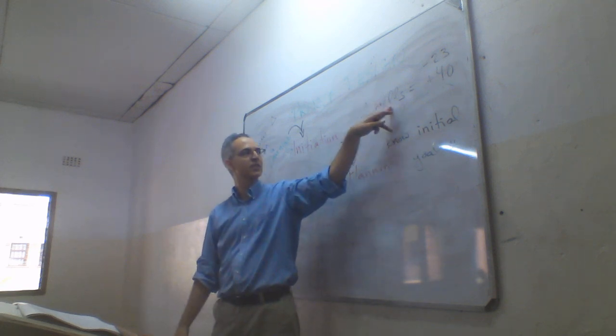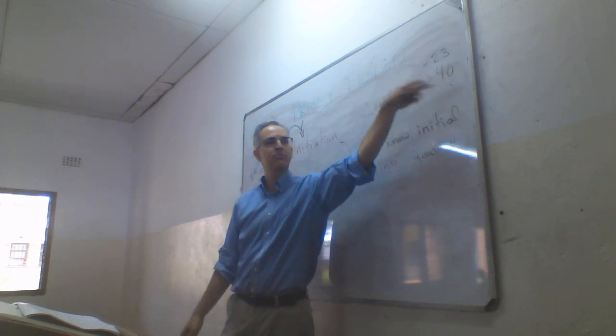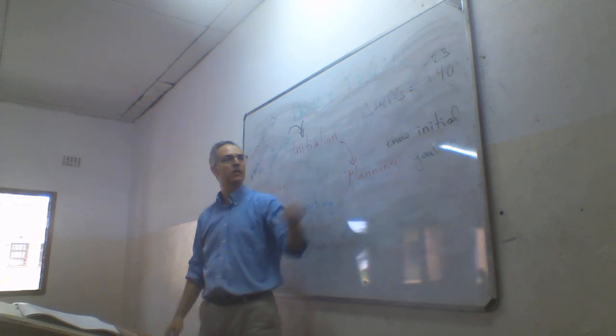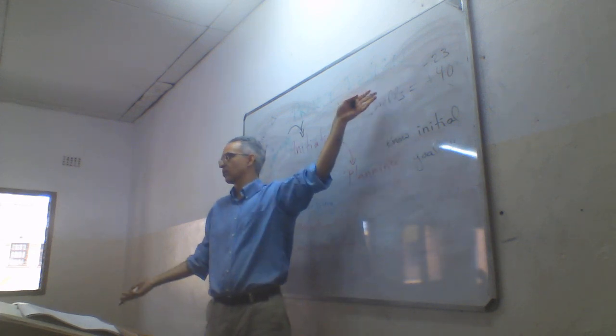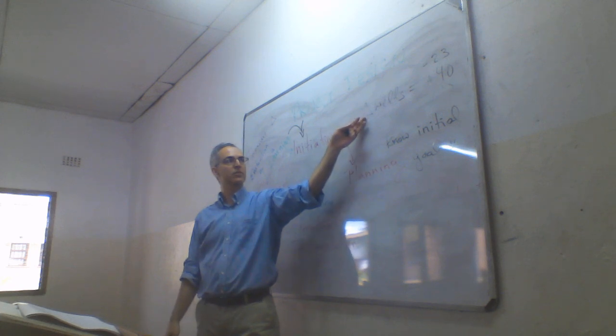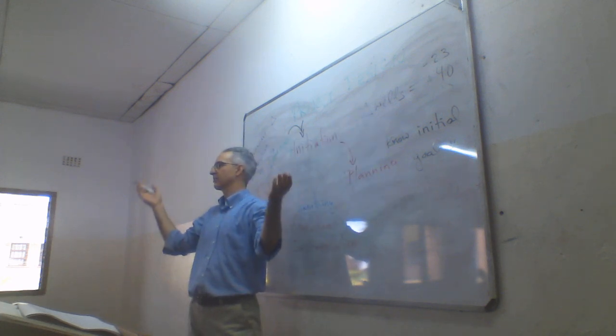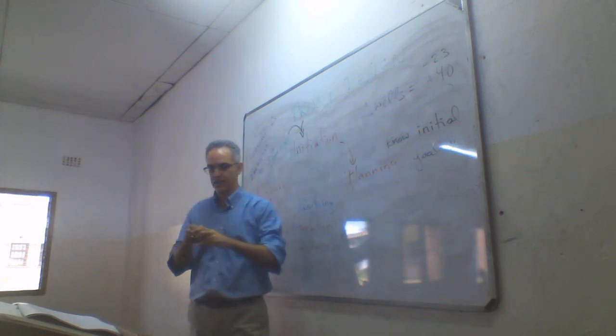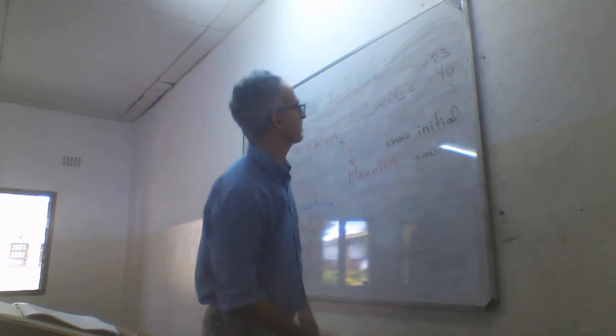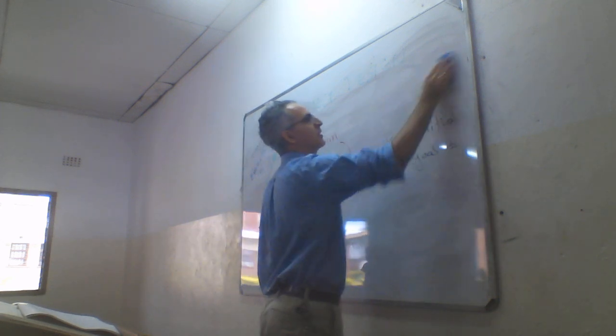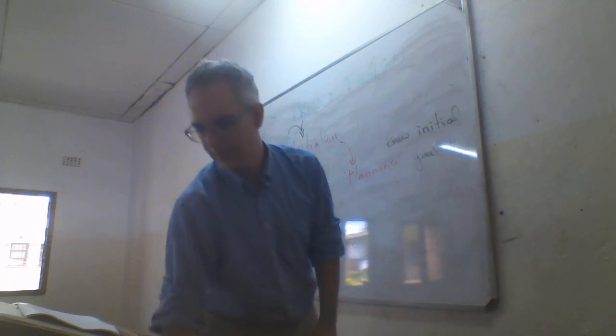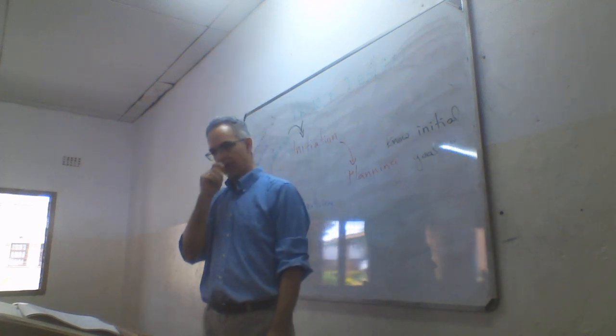The change in the number of wells is, and here you can write whatever it is you want to measure. But you're saying there's a change, so there's an initial and a final. So it's the difference between. It's a quick way to write that. That's just for your interest.